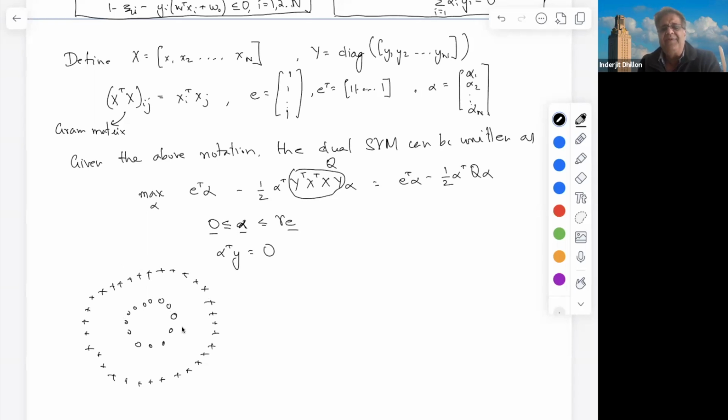And here you can start seeing that even though the approach I took was the linear SVM problem, it's probably not a good idea to think of a hyperplane over here and penalize these points for being on the other side of the hyperplane. That's just a bad model for separating this kind of data set. The good model would be, what is a good surface that separates the circles from the pluses?